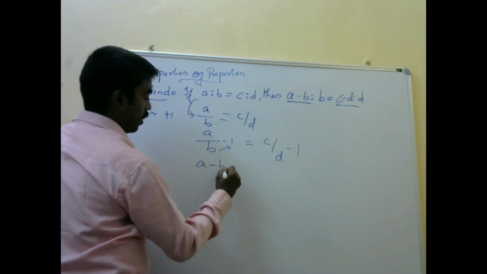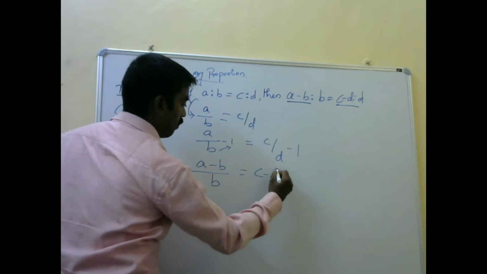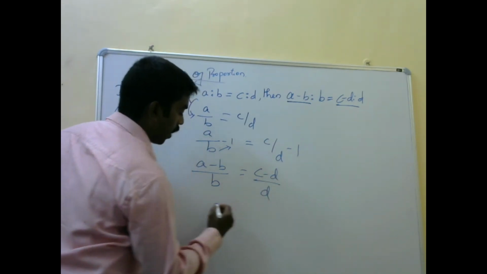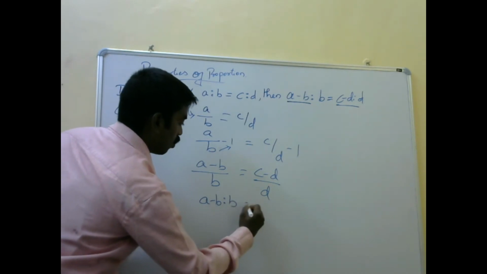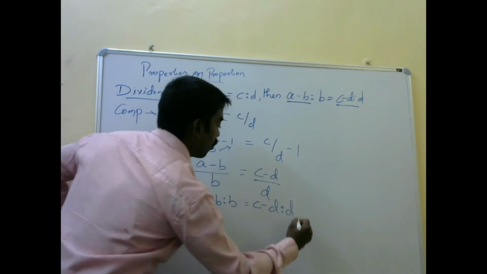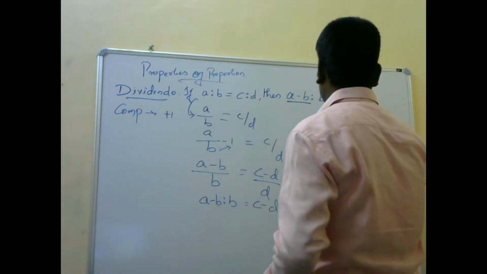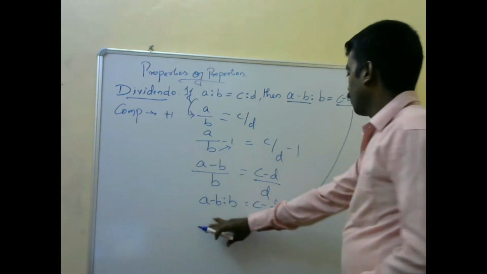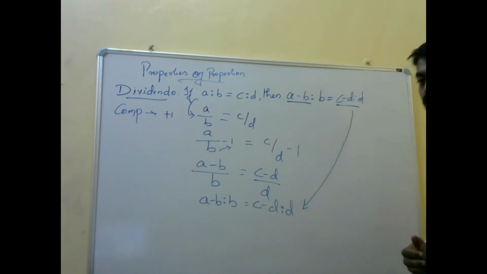A minus B divided by B is equal to C minus D divided by D. So how do you write? A minus B is to B is equal to C minus D is to D. You satisfy this condition. You got this? Please note down.